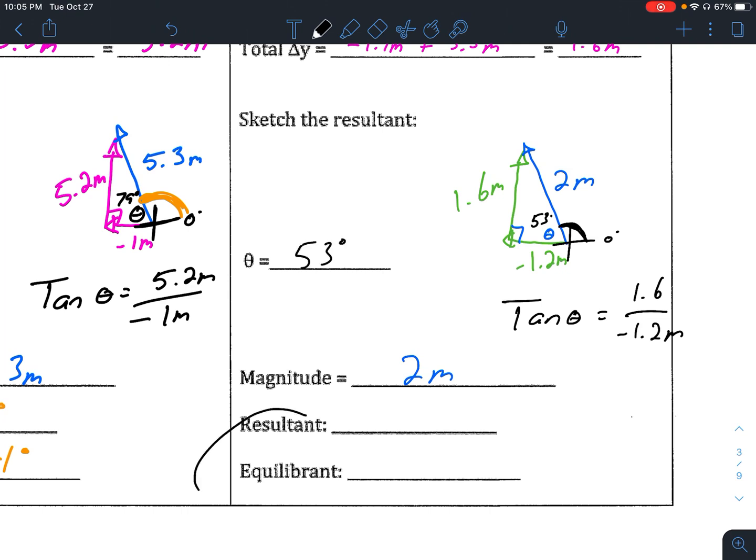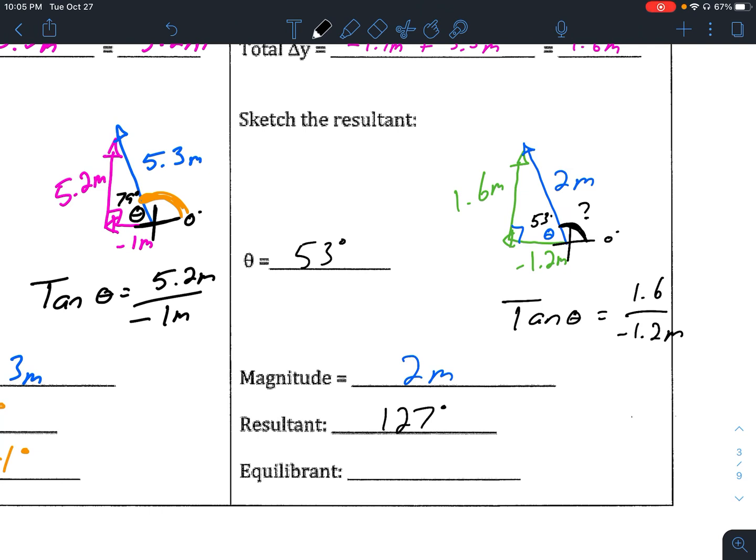But thinking of actual direction of my resultant relative to 0 degrees being right, I take 180 minus my 53 to get that missing angle. That's 127.